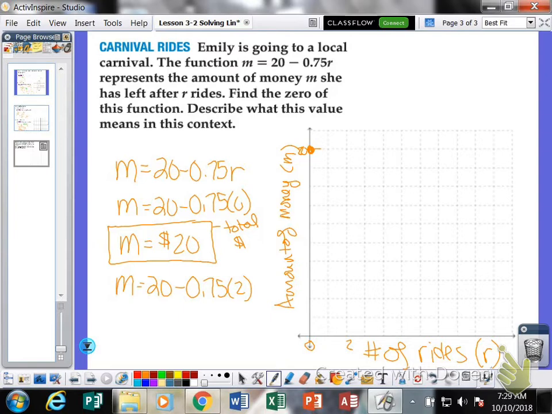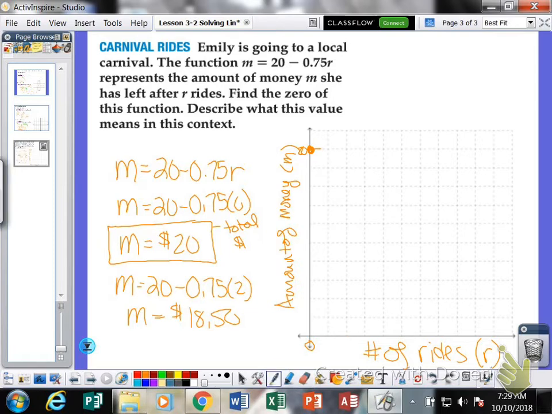So 20 minus $1.50 is going to give us $18.50. So she has $18.50. Now, notice that this might take a while, because we're only down to $18.50 as of 2 rides. So then maybe you don't like the start of that.